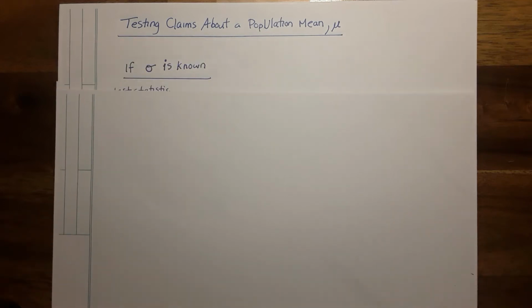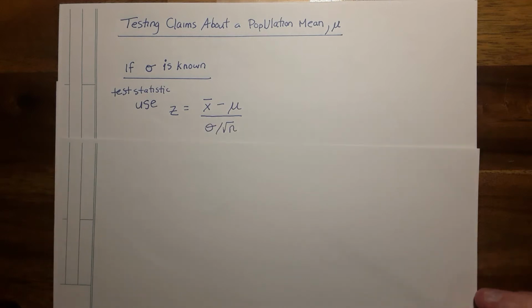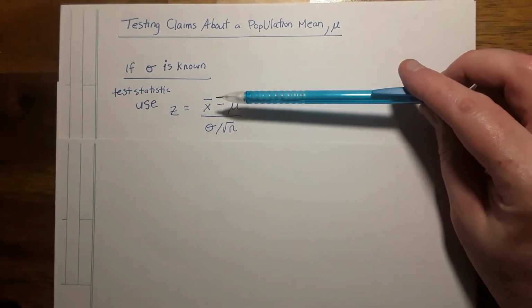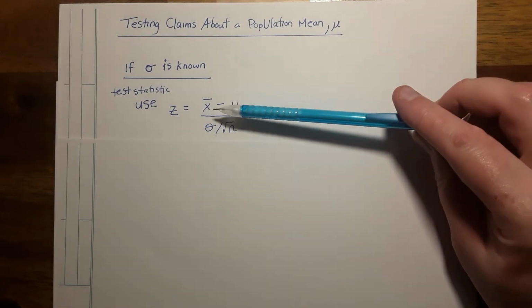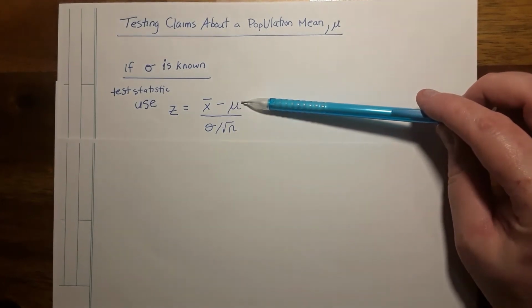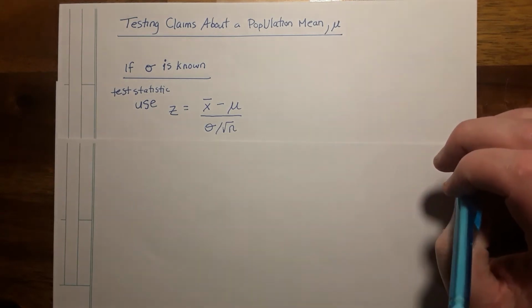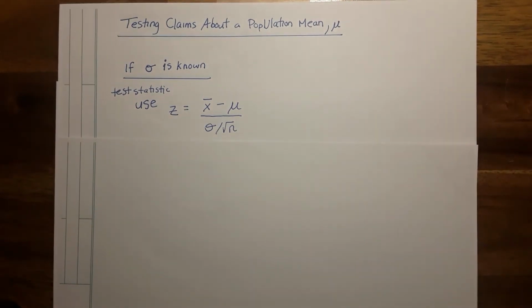So in summary, when we're testing claims about a population mean, if you know the standard deviation of the population, you use the z-score test statistic. So we take the mean of the sample minus the claimed mean of the population, and we use standard deviation of population over square root of n.